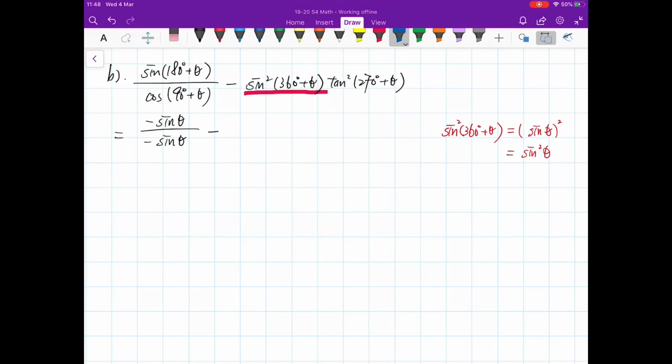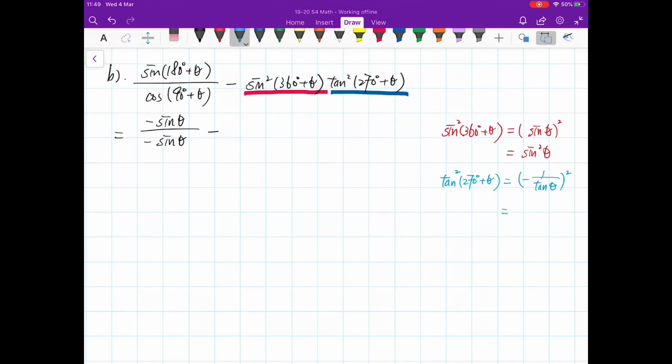Similarly, for tangent square of 270 degrees plus theta, I will demonstrate in blue color. Tangent 270 degrees plus theta becomes negative 1 over tangent theta. Again, the next step is taking the square on both sides. Don't forget the negative, it has to be squared as well.